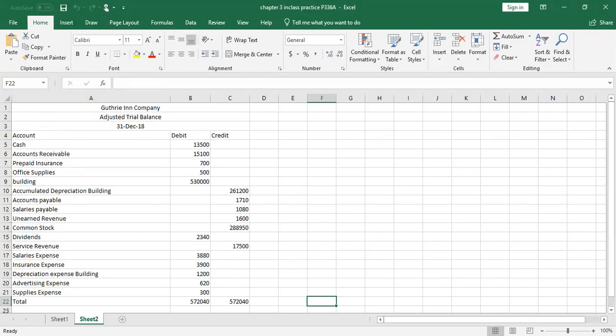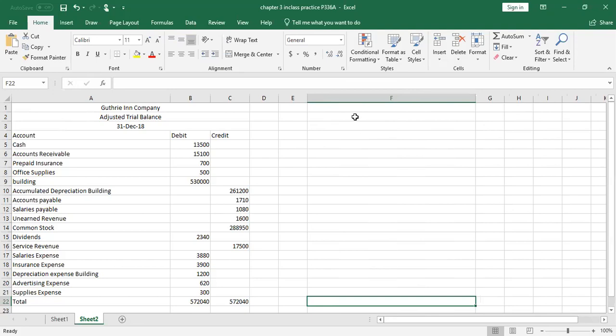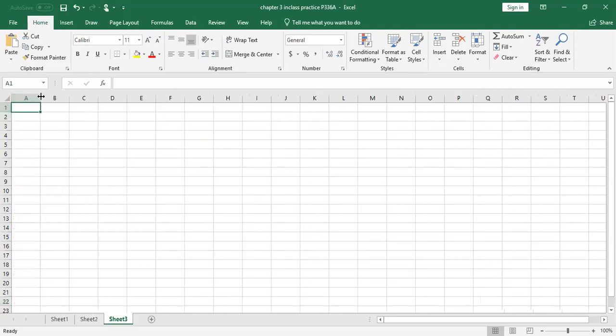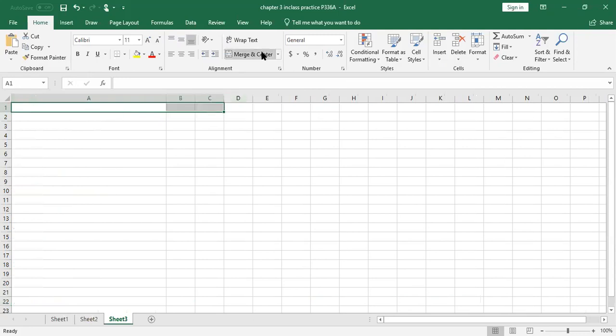And I'm going to create an income statement and statement of retained earnings from the information on the adjusted trial balance.